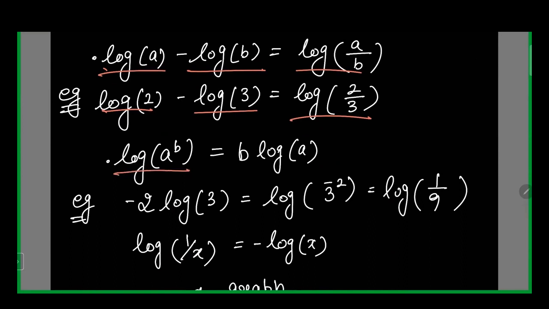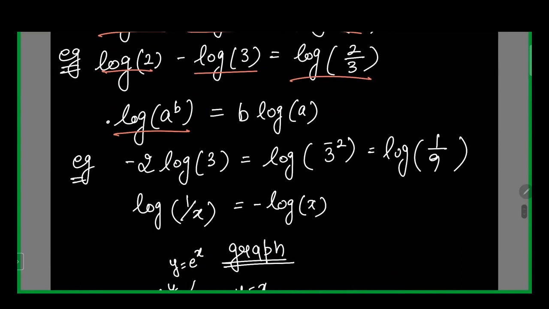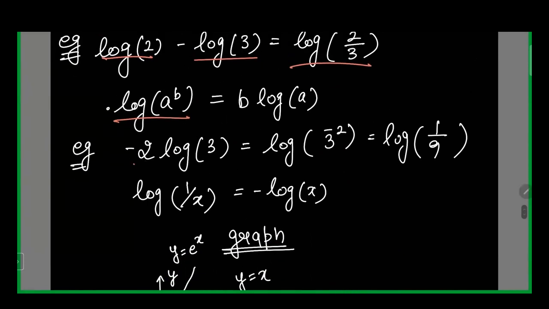Now, third property is log A raised to B. So what you will do is you will take B outside the power and outside the log. So log A raised to B is B log A. Let's see this. So if you see this, minus 2 log 3.